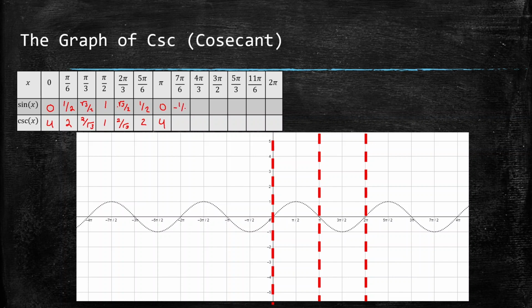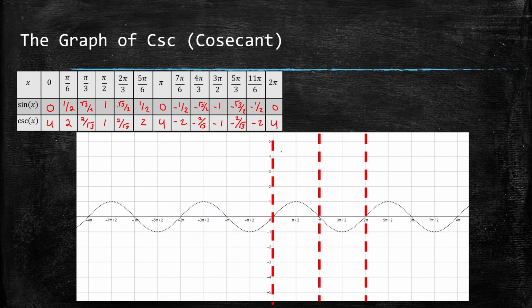So negative 1/2, negative 2, negative radical 3 over 2, negative 2 over radical 3. Negative 1 and negative 1. Negative radical 3 over 2 and negative 2 over radical 3. And finally, negative 1/2 again, and negative 2, and then back to being undefined.